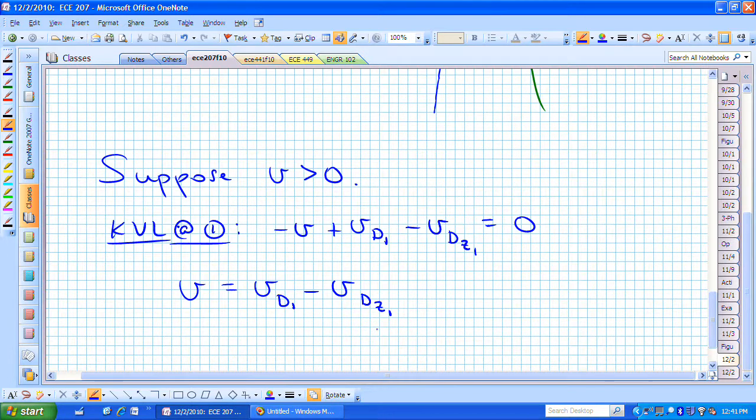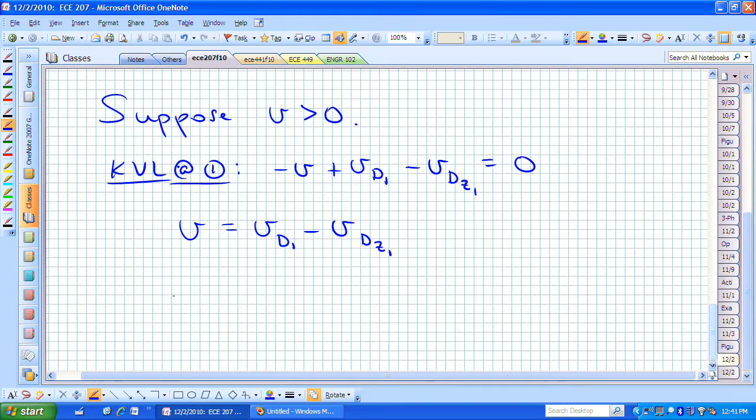That might be of interest, and we want to see maybe when that's positive, or we could solve that for V sub D sub 1 and say that V sub D sub 1 is going to equal V minus V sub D sub Z sub 1. Actually, it's going to be plus that.